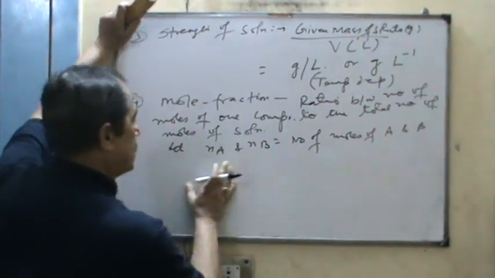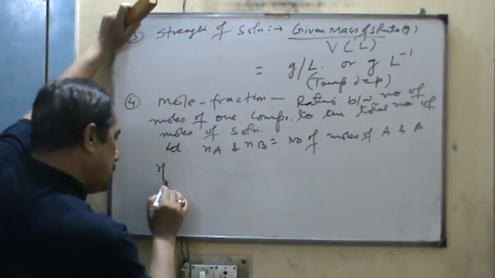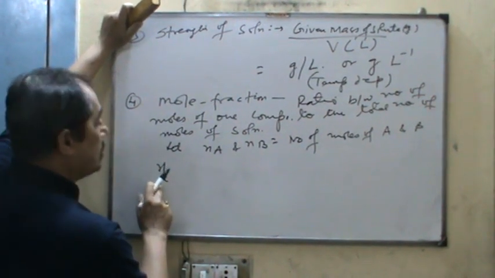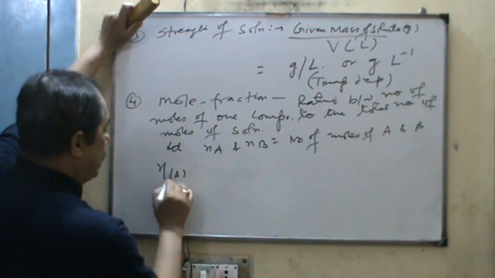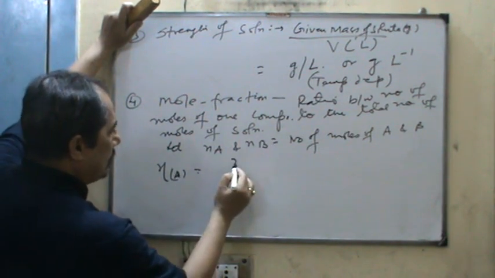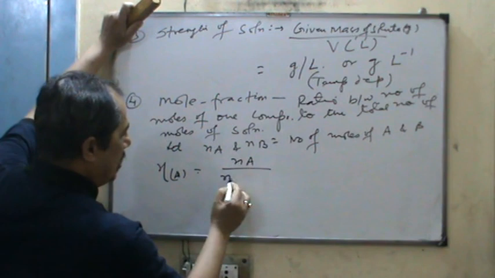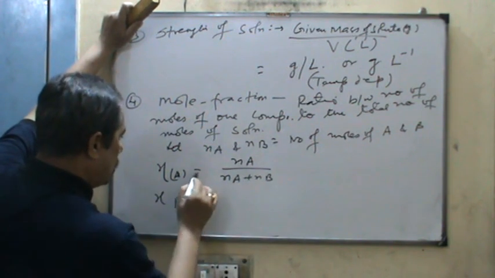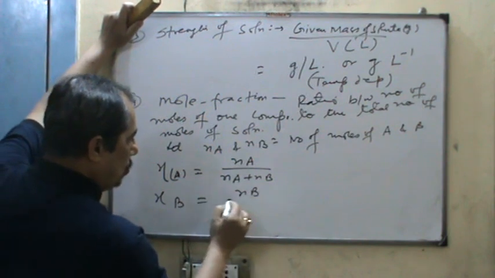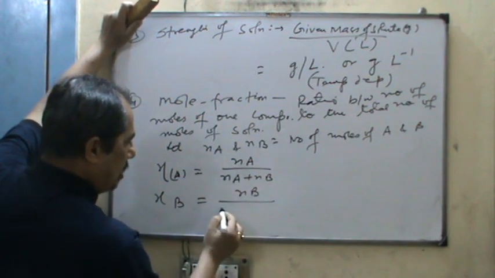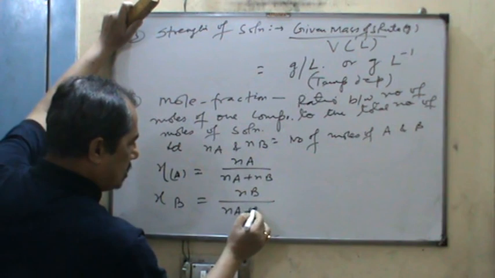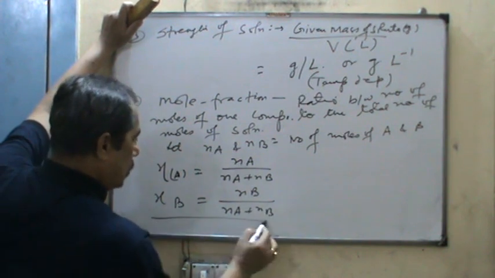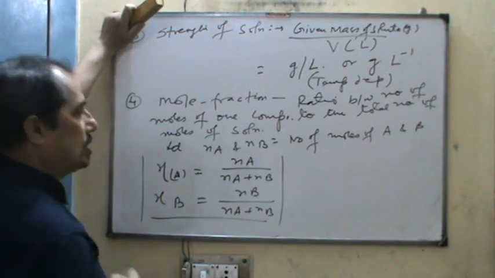Na plus Nb. Mole fraction is represented as chi, a Greek symbol. If I have to calculate the mole fraction of A, then it is Na upon Na plus Nb. If we have to calculate the mole fraction of B, then it is the ratio of number of moles of B, Nb, upon Na plus Nb. This is the way you can get the mole fraction of the solution.